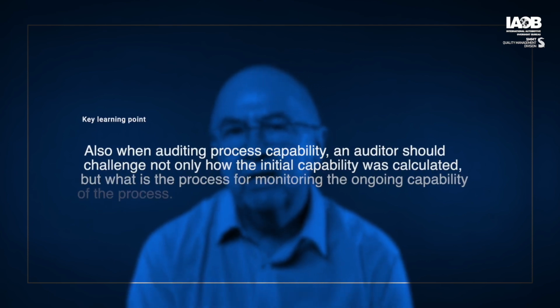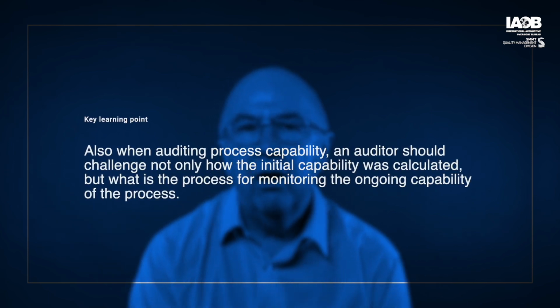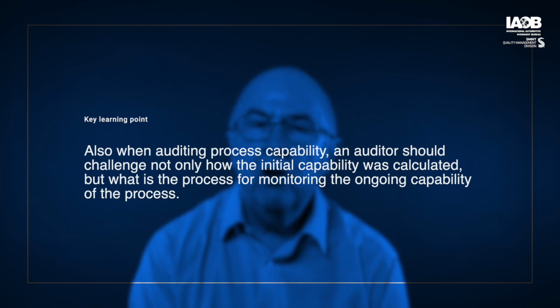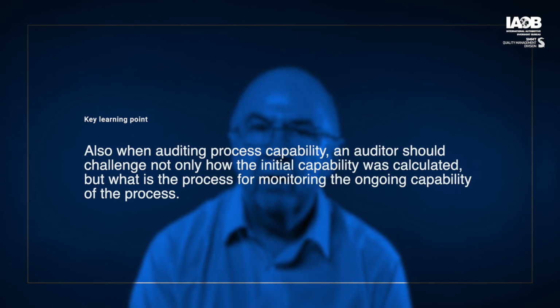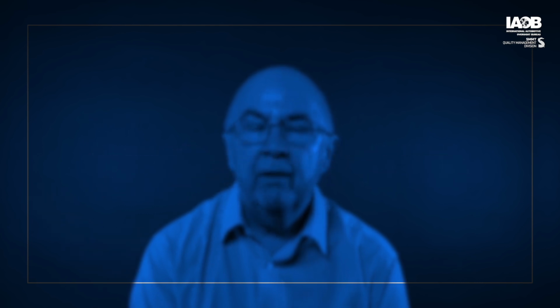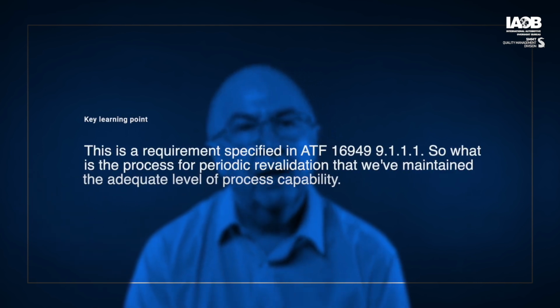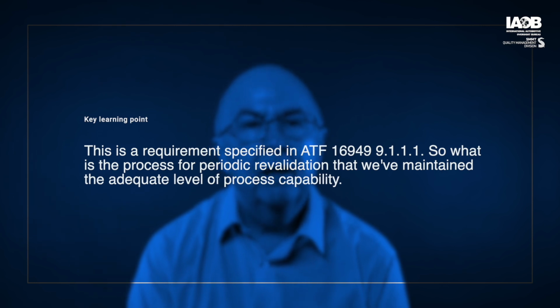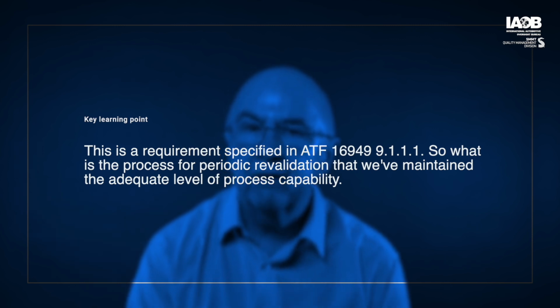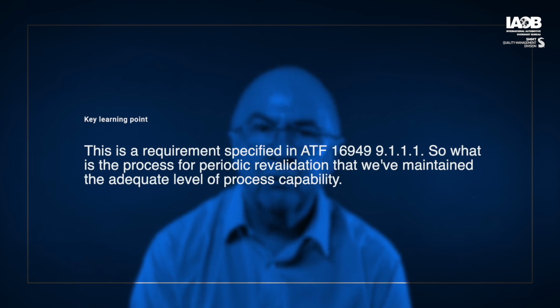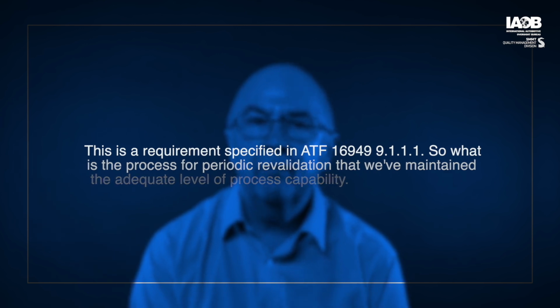Also, when auditing process capability, an auditor should challenge not only how the initial capability was calculated, but what the process is for monitoring the ongoing capability of the process. This is a requirement specified in IATF 16949 9.1.1.1. So what is the process for periodic revalidation that we've maintained the adequate level of process capability?